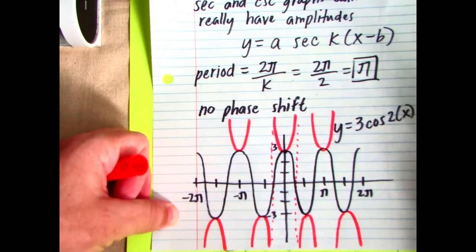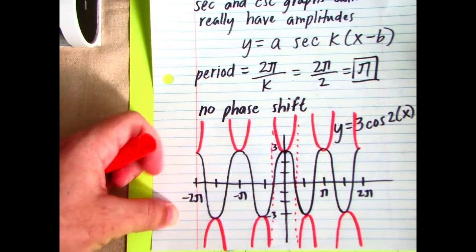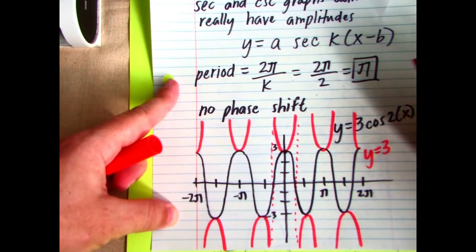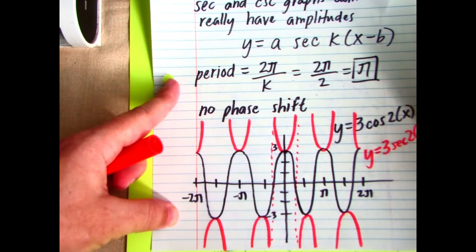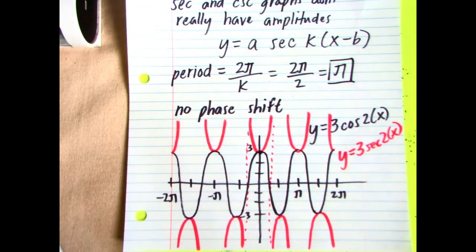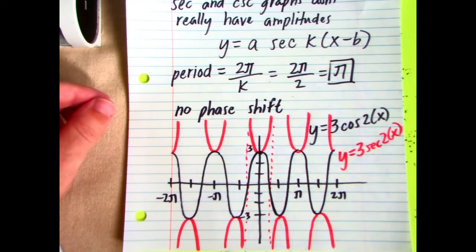But the period would be basically pairs of these outward red graphs. Each pair would make up one complete cycle of the graph, and that exists in a span of 1 pi.